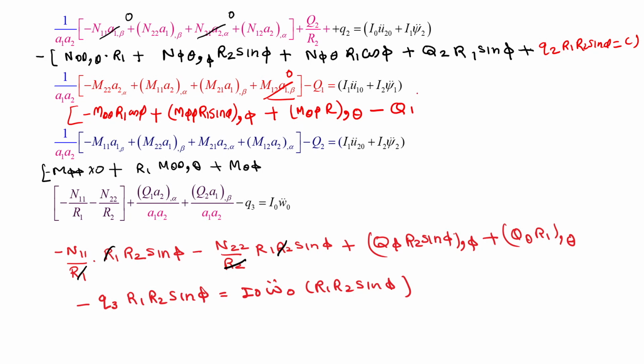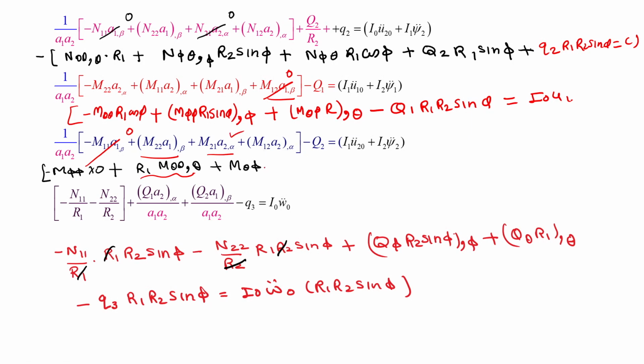So, q1 into a1 a2 comes r1 r2 sin phi, there are no dynamic terms. Then, this will not contribute, this will contribute and this will contribute.